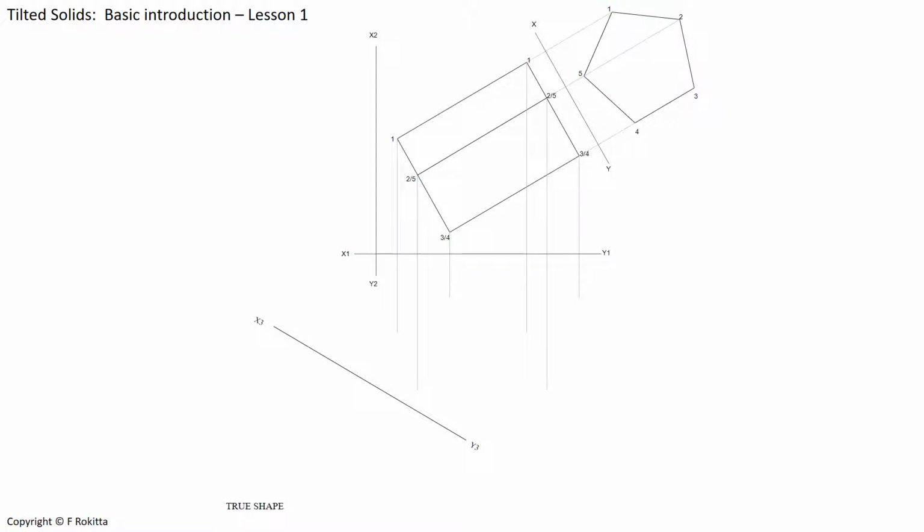We will start answering our question by drawing the top view first. In order to do that, we need to go to our front view and project from the corners of our front view the vertical light construction lines down to the top view. Therefore, I'm going to start from number 1, 2, 3, 4, and 5 at the top part of my pentagonal prism and project the lines vertically straight down towards my top view.